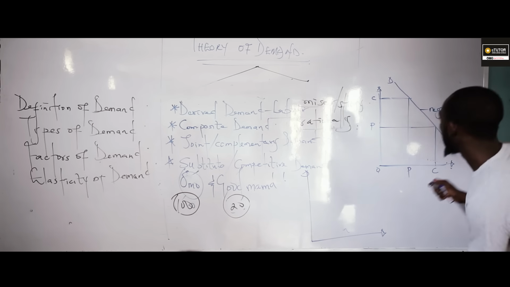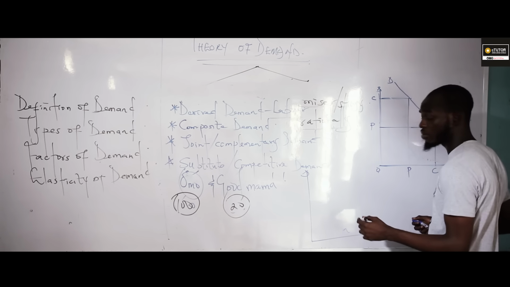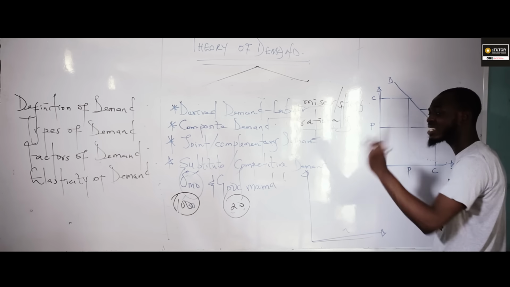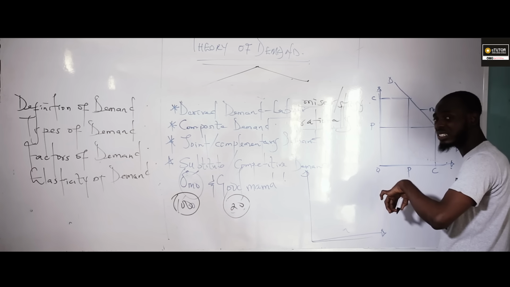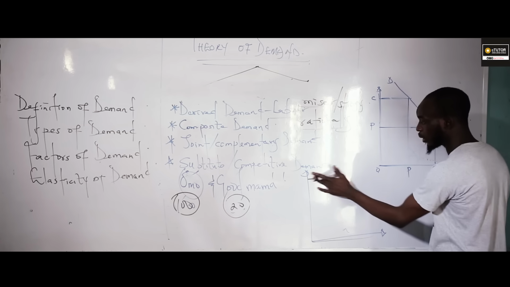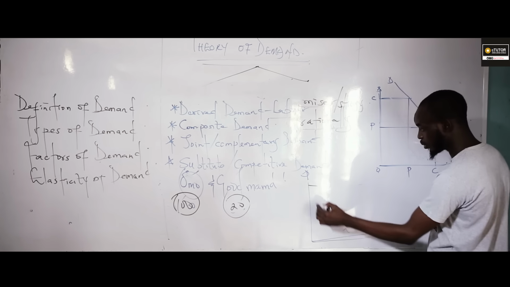So let's continue. Now let's look at the curve of substitute or competitive demand. Like I said, an increase in price of one will increase the quantity demanded of another. Mind my drawing, you know.